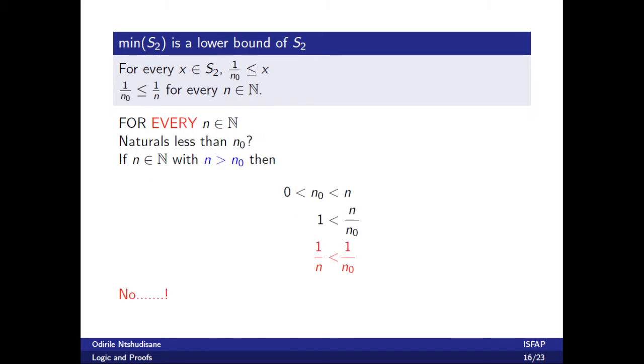Now, for n greater than n naught, we sadly find that 1 over n is less than 1 over n naught, which violates the lower bound condition.